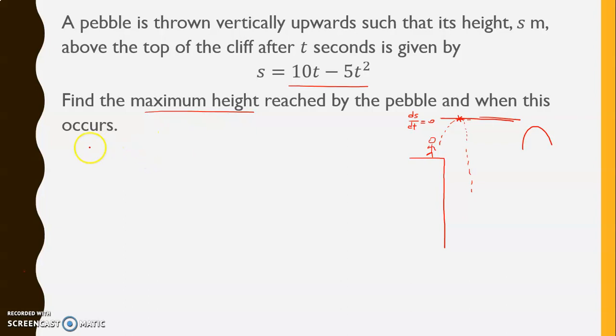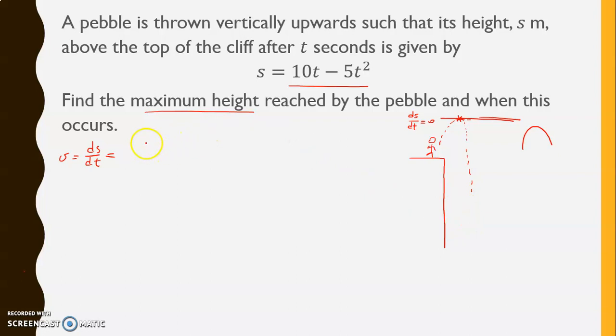Okay, so let's see how we can do that. First of all, we want to find ds dt, so we differentiate the displacement. That's actually velocity, so the maximum height is when the velocity reaches 0, because the pebble leaves the hand, goes up, slows down, reaches 0, stops gaining height, and then starts falling down.